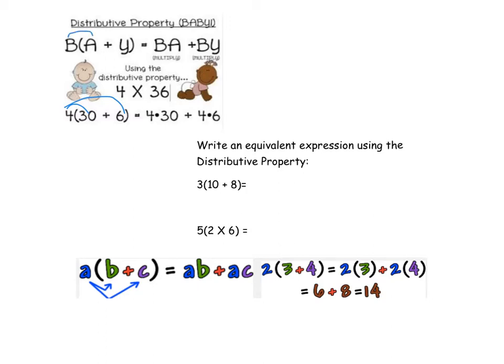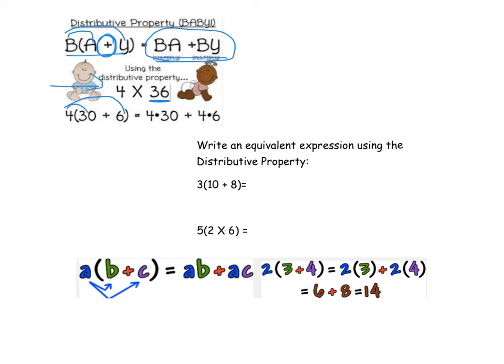So b times a plus b times y. This is just a visual way that you can remember it. We're multiplying over the parentheses. For it to work, it has to be a sum or a difference. So again, how you can use this is separating.